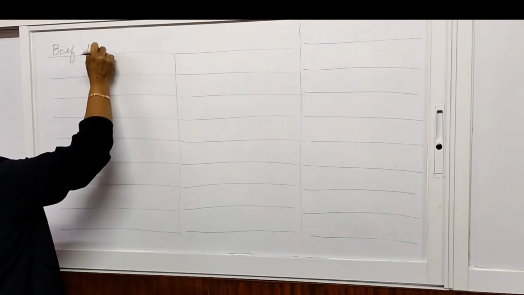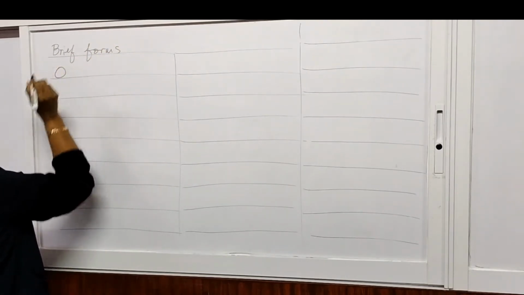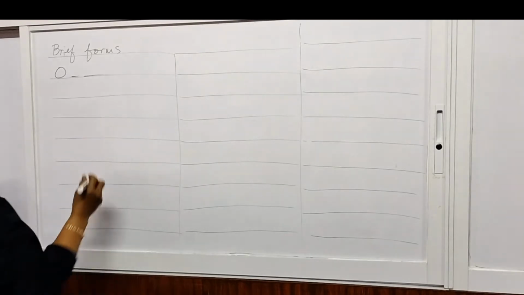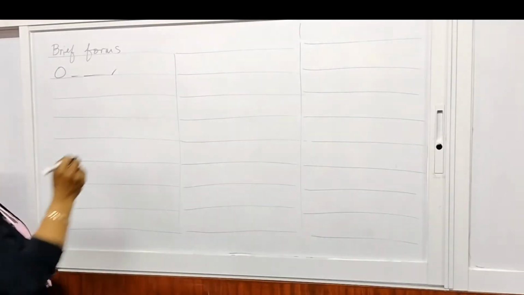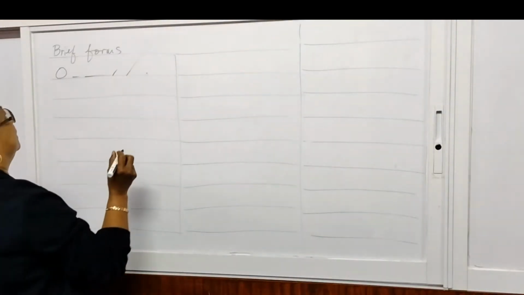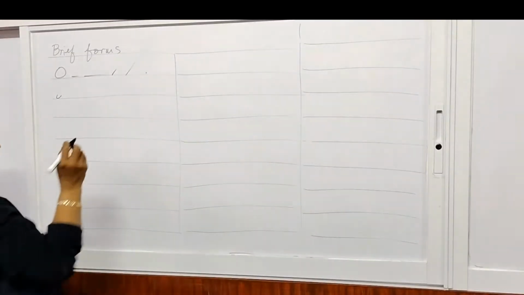Brief forms. The brief form I is represented by a big circle. In or not is represented by N. Is is represented by M. T represents it or at. D represents would. H or ing represents a or an. Then we have O, which represents of.